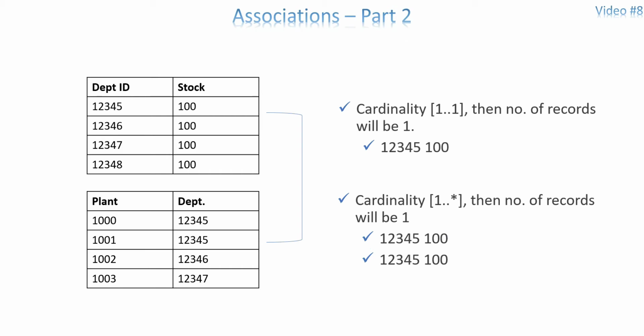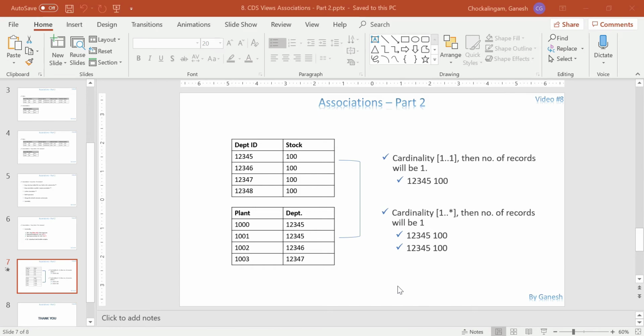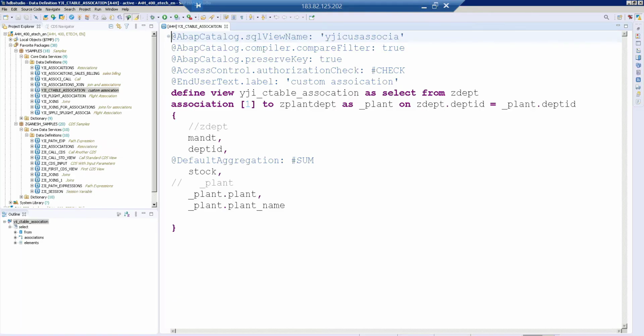Okay, let me open the system. So here, the same tables I showed are actually created in the SAP system. They are Z department and Z plant department, and I just displayed the fields between those two tables, and I created the association.